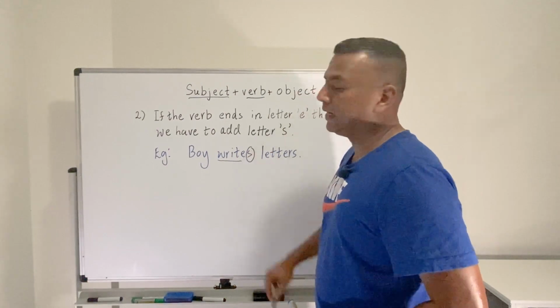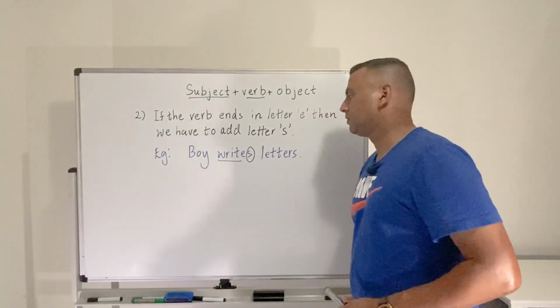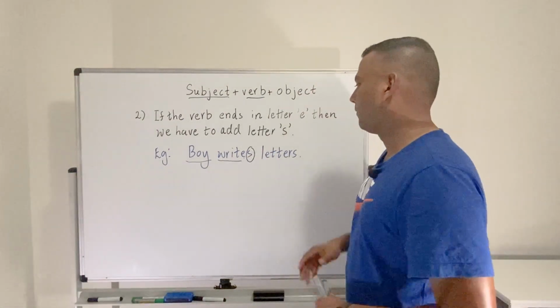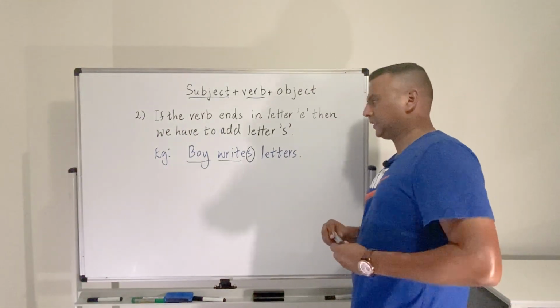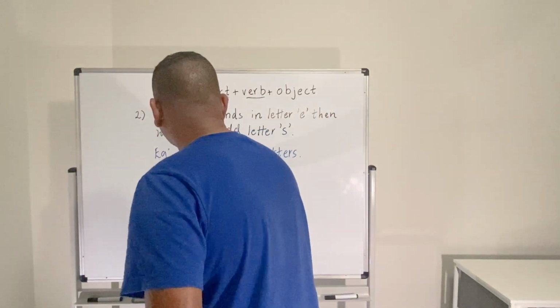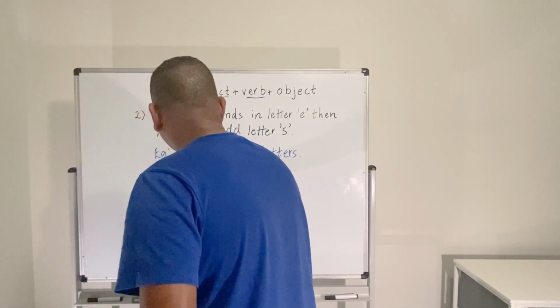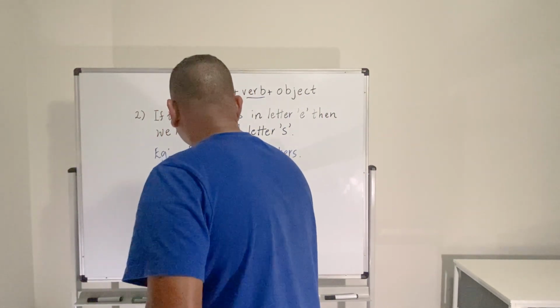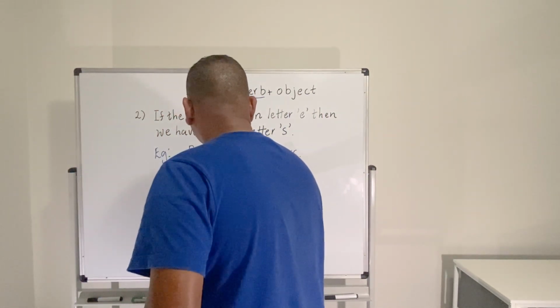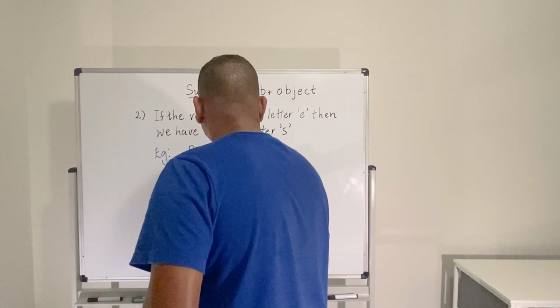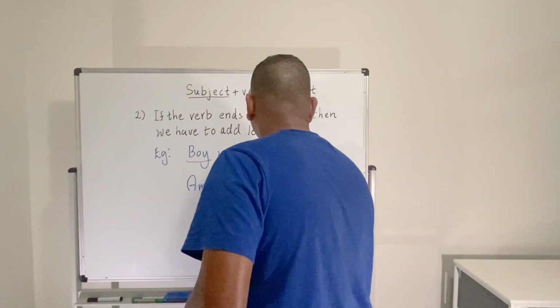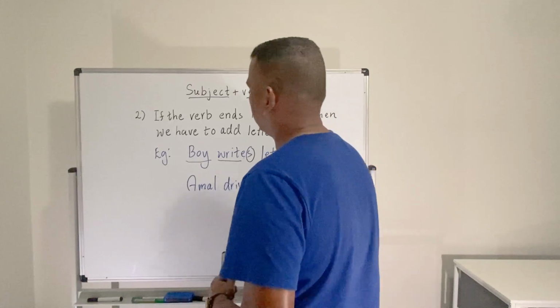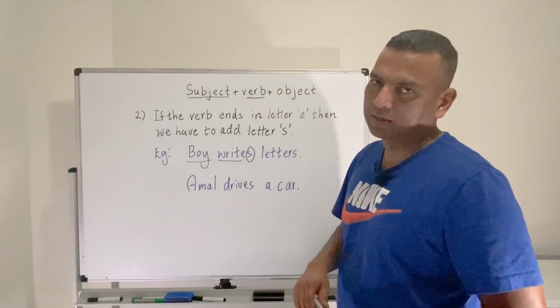Now the ending letter of the verb, base form of the verb is e. So boy writes letters. Another example, you can say Amal drives a car. මේ අමල් කියන පුද්ගලයා මේ කාර් එකක් එලවනවා.